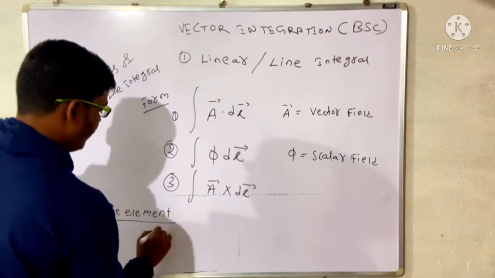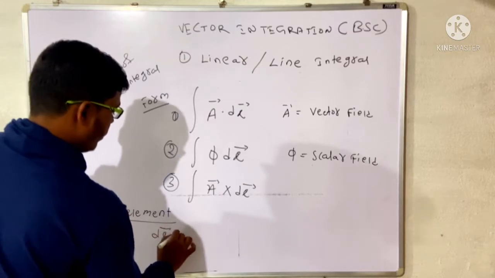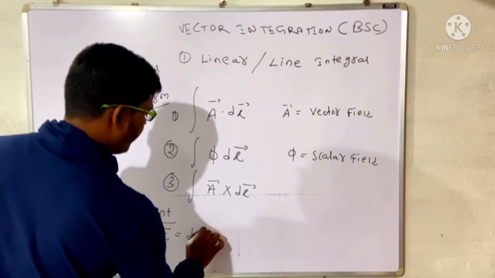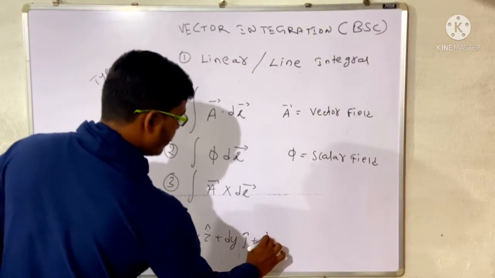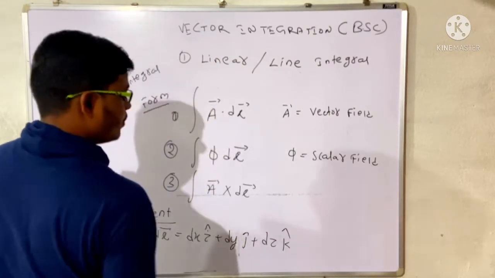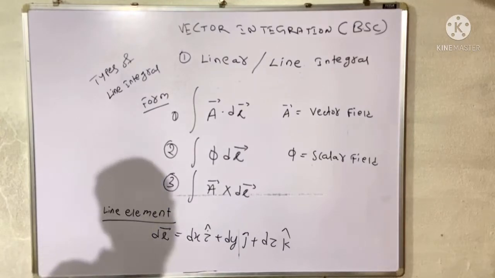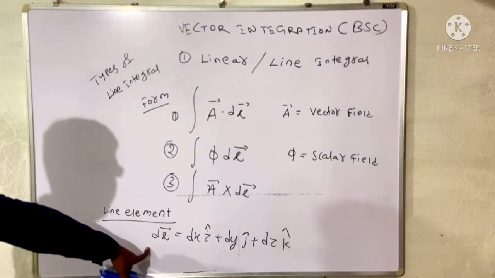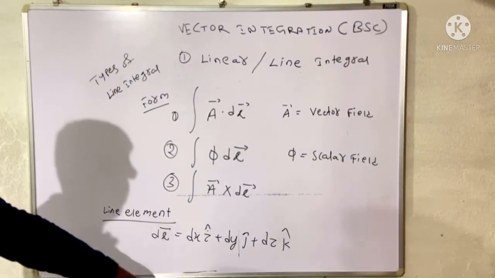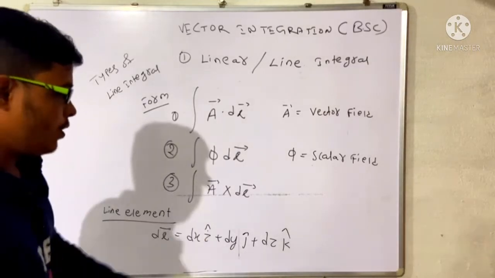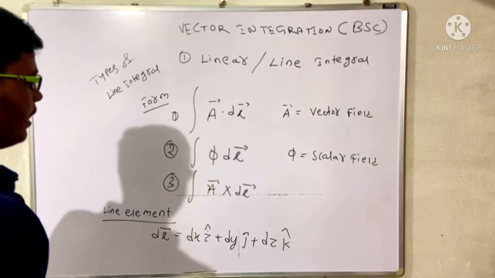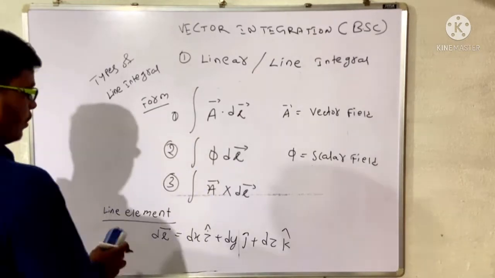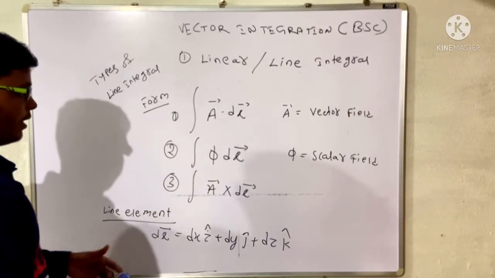The line element is your dl, that is nothing but dx i cap plus dy j cap plus dz k cap. So this is the line element vector, that is dl.